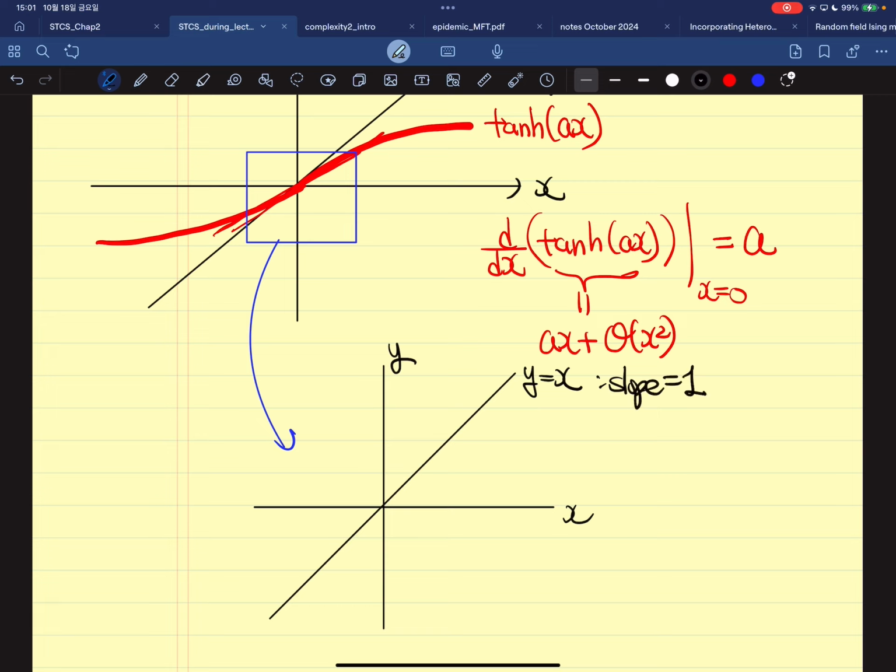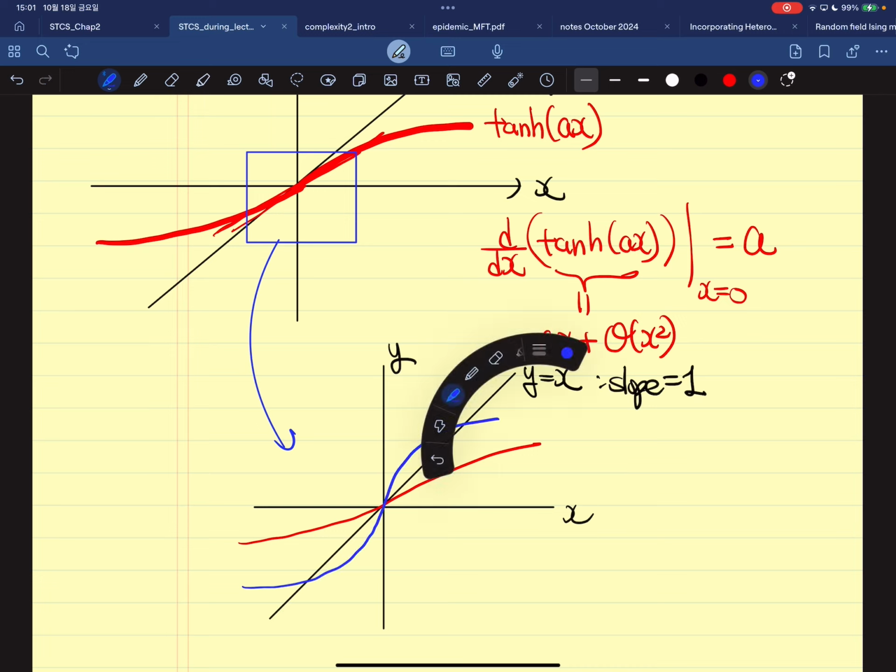So depending on the constant A, the hyperbolic tangent form can have this one or this one.